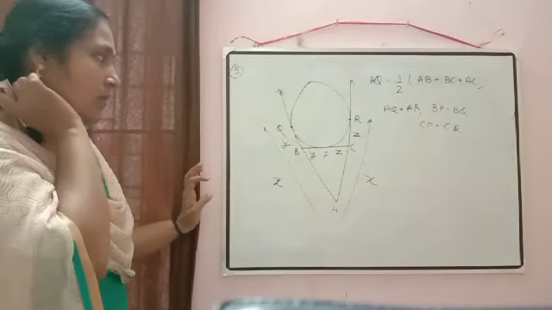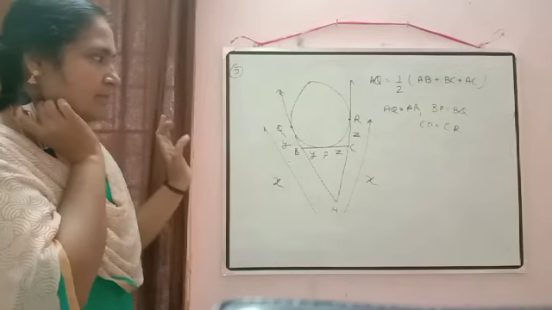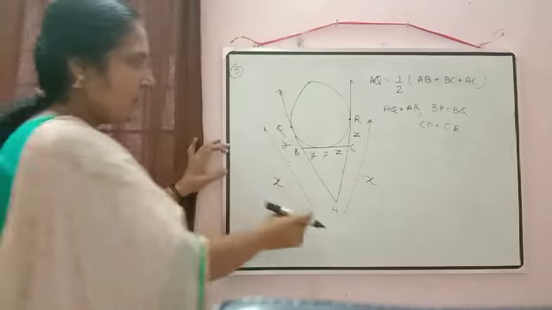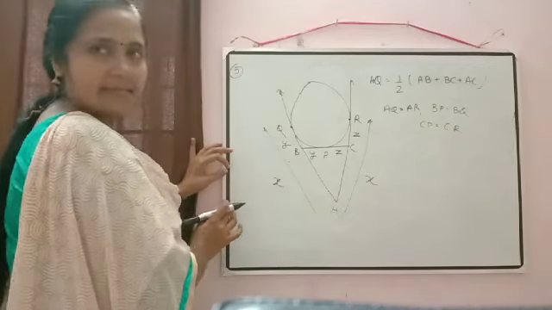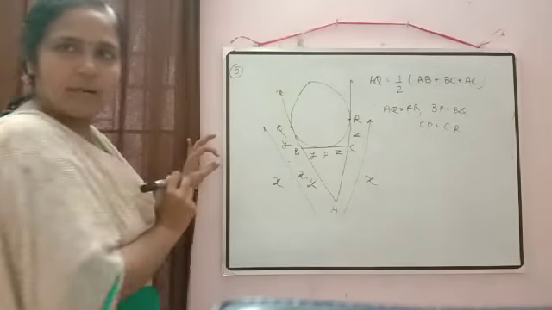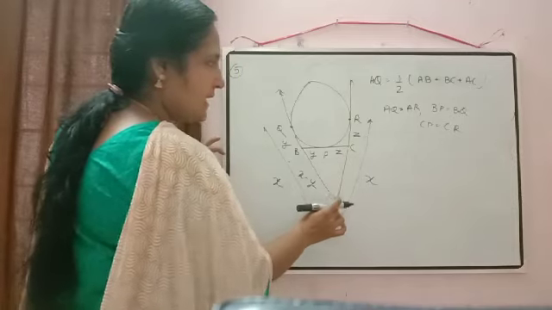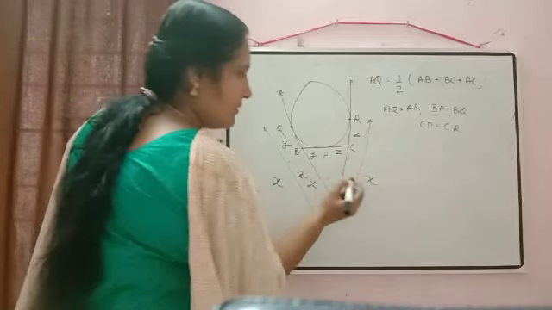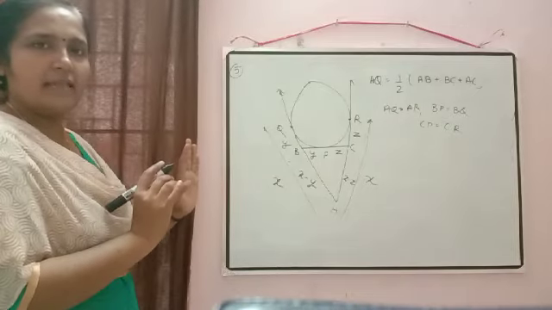Okay. Now from the diagram only you just check what will be the side AB. Total AQ is equal to X and BQ we have taken as Y. So side AB will be equal to X minus Y, correct? Now here what will come? Side AC. Side AC will be equal to X minus Z. So we wrote everything in the diagram.